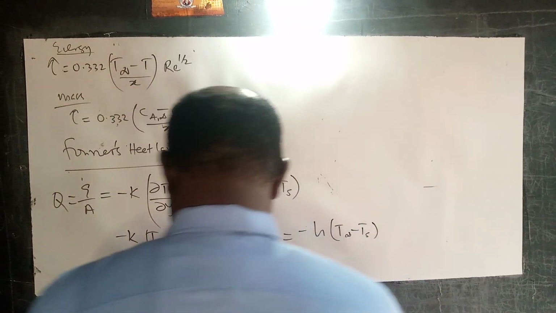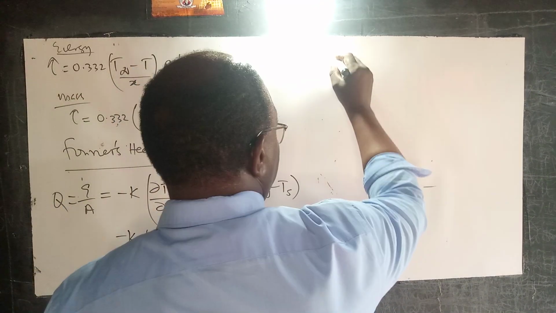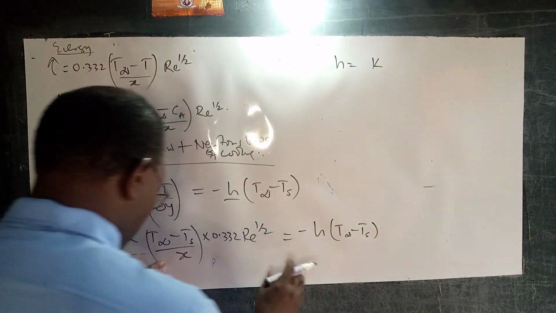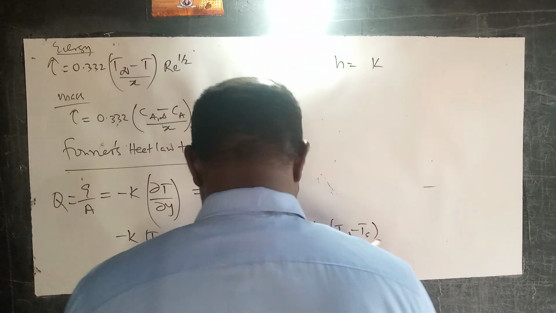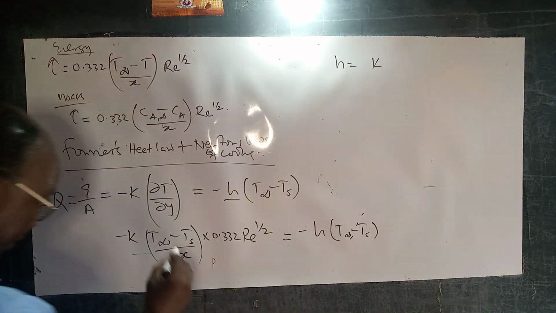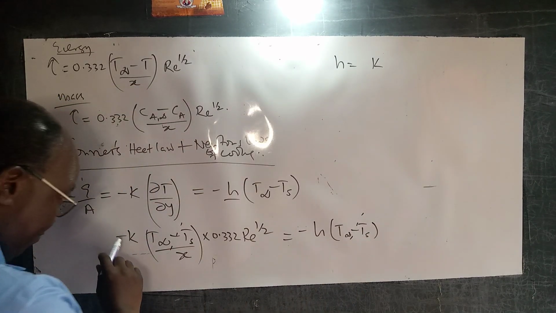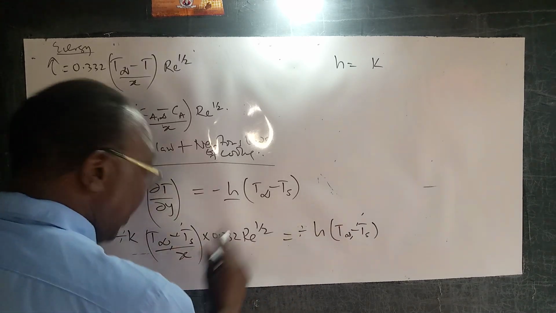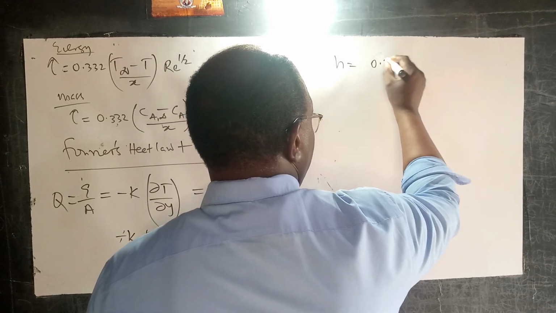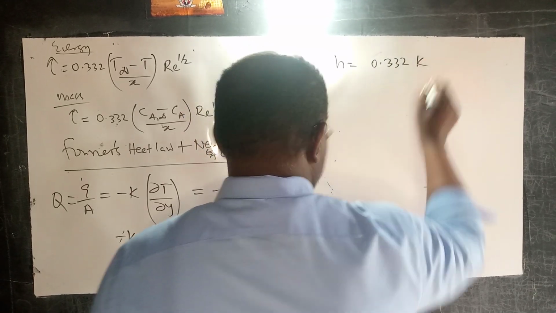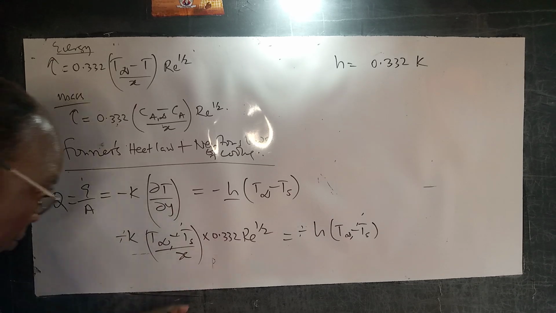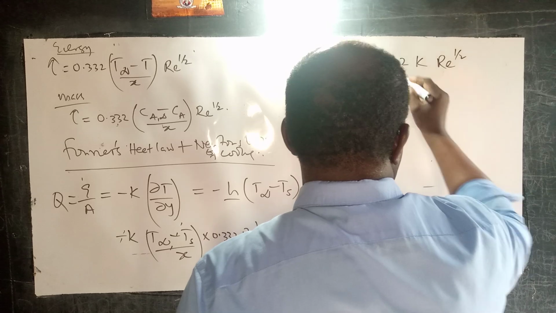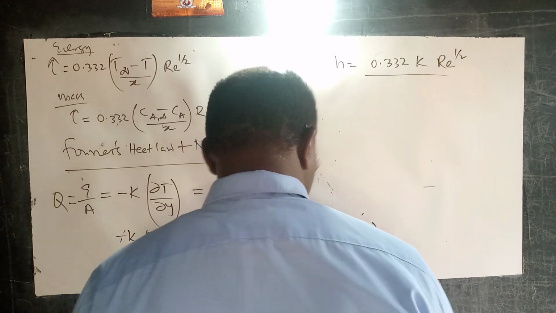The minus cancels with the minus, so h is equal to 0.332 K times the square root of Reynolds number over x.